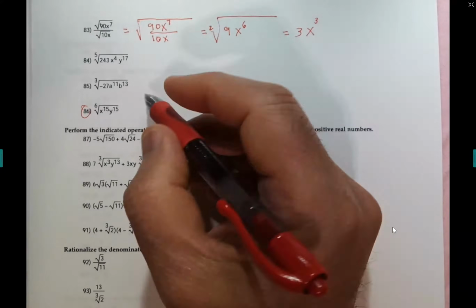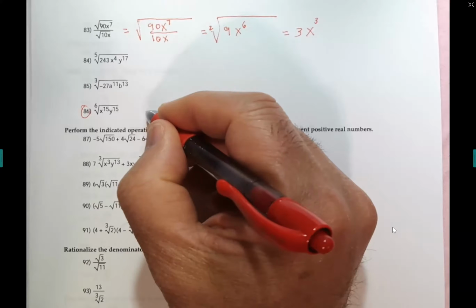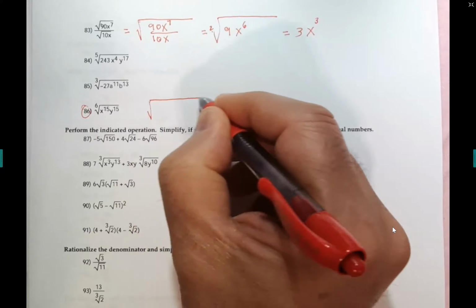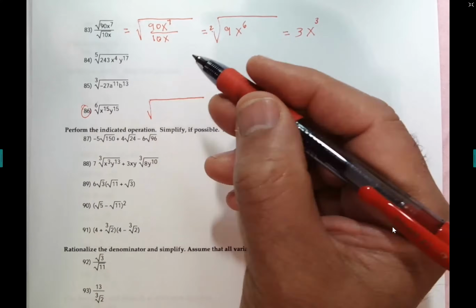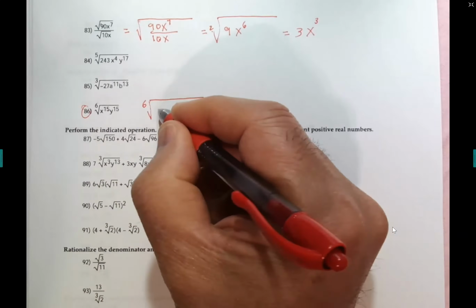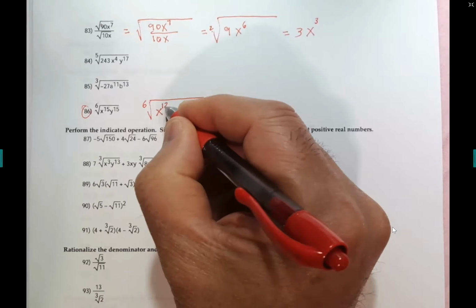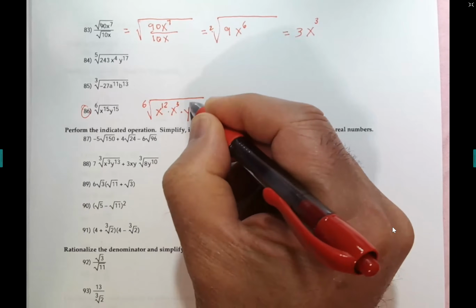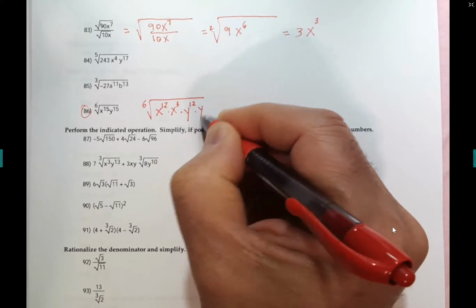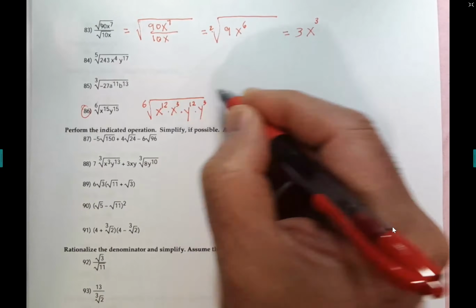How do you do this? Okay, so let's simplify this. Okay, 15 is not divisible by 6, guys, so I have to make it divisible by 6. So I'm going to split it up to 12 and then 3. And same thing I'm going to do with the y to the 15. I'm going to do it 12 and 3. Why 12 and 3? Because 12 is divisible by 6.